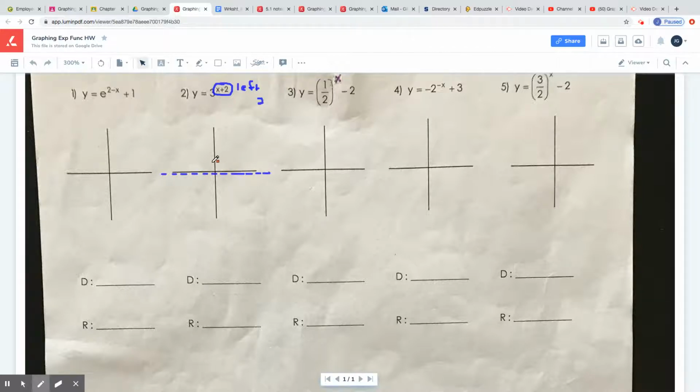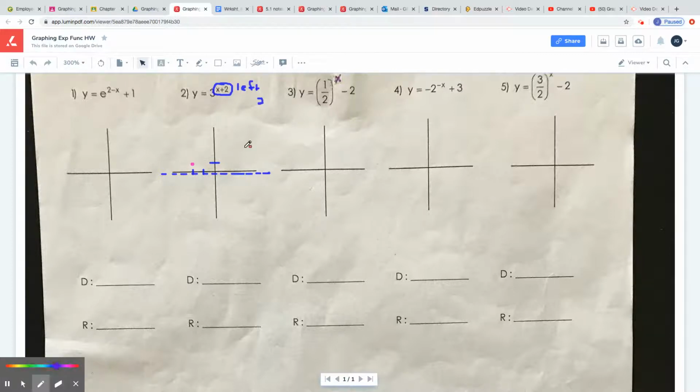Normally you're at (0, 1), but I'm just going to move it to the left 2, so it's at (-2, 1). It was at (0, 1), move to the left 2, it's at (-2, 1).